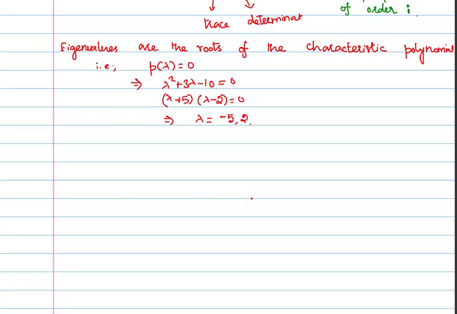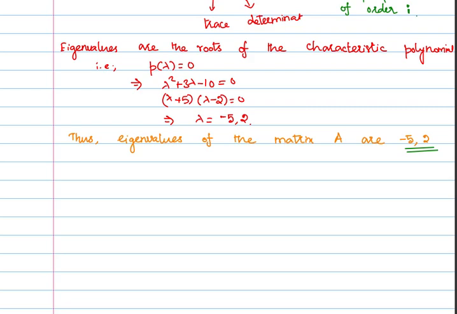These are the eigenvalues. Thus the eigenvalues of the matrix A are -5 and 2.